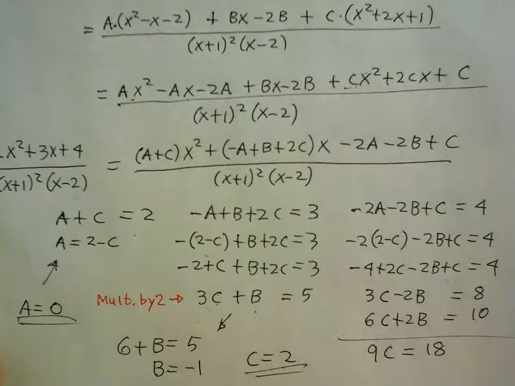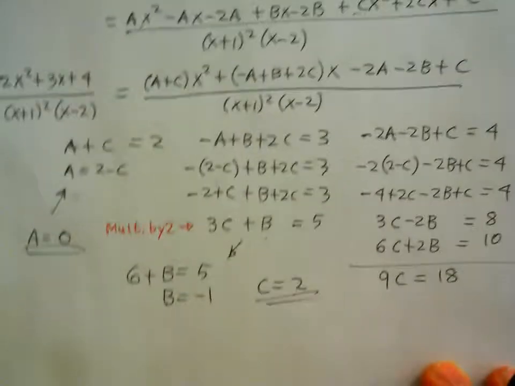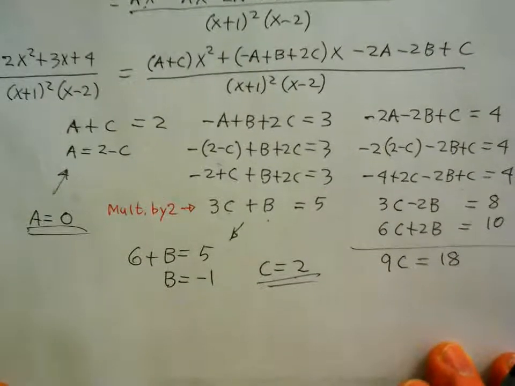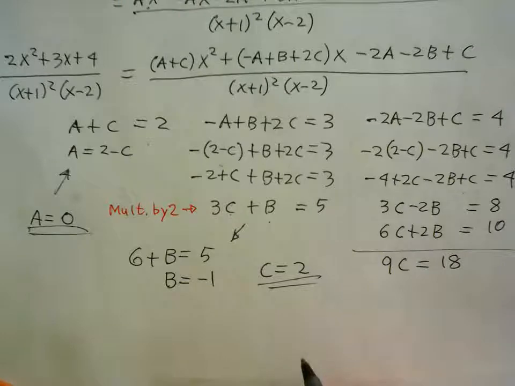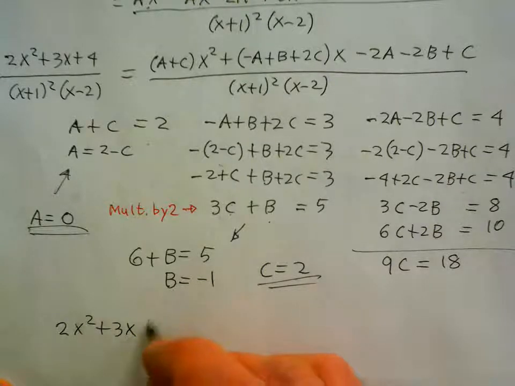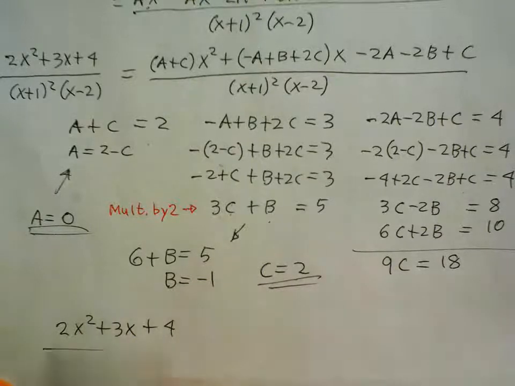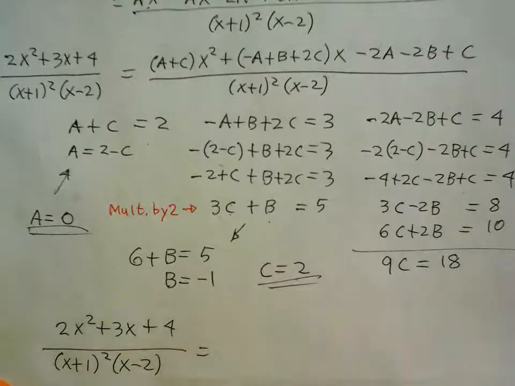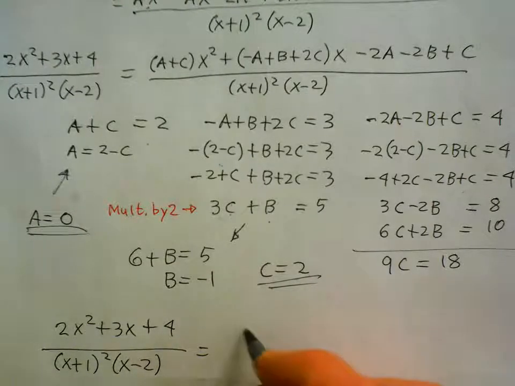Okay, I'll write down the summary down here, and then we'll transcribe it to the other page in a second. So we have 2x squared plus 3x plus 4 over x plus 1 squared times x minus 2. So we found A to be 0.